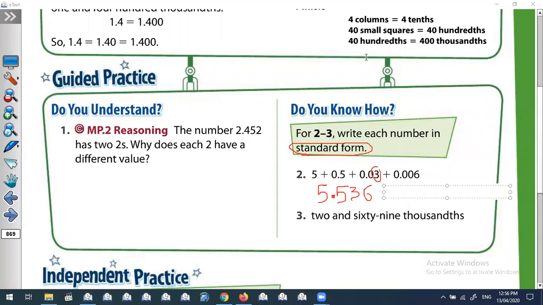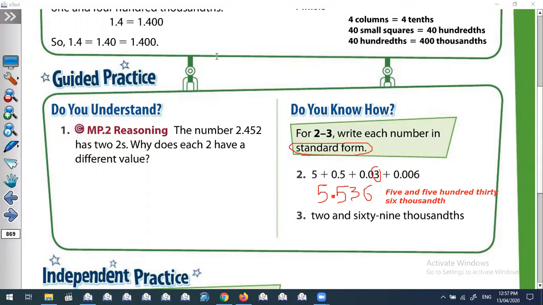Let's write this number in word form. Five and five hundred thirty-six thousandths. Don't forget thousandths with TH. So this number is 5 and decimal point and 536 thousandths.